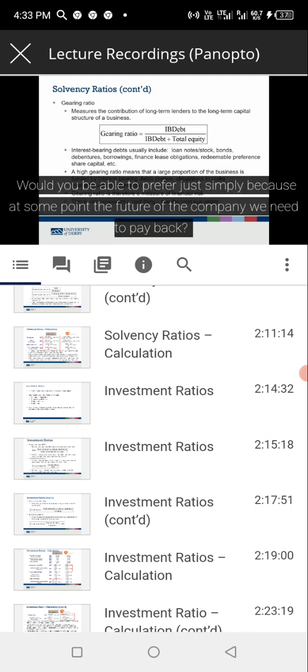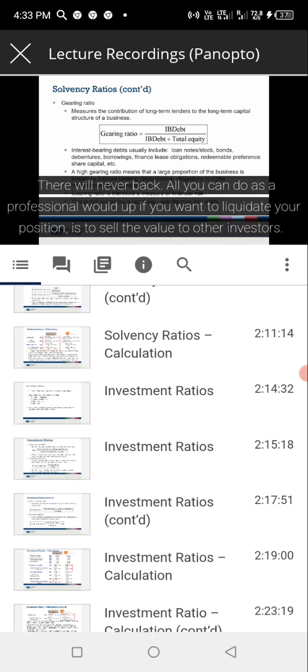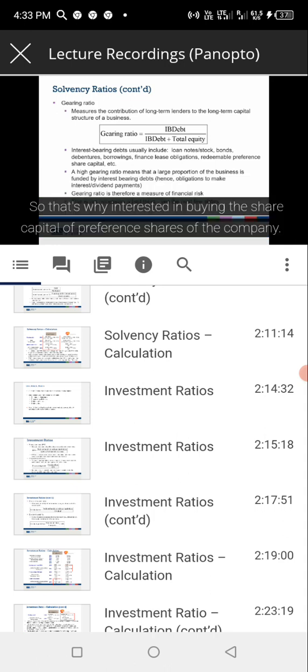Is that okay? So we have redeemable preference shares and irredeemable preference shares. Redeemable preference shares simply means at some point in future, the company will need to pay back. They will redeem the preference shares. They will pay back the preference shareholder. But in the case of irredeemable, they will never pay back. All you can do as a preference shareholder, if you want to liquidate your position, is to sell to other investors who are interested in buying the preference shares of the company.